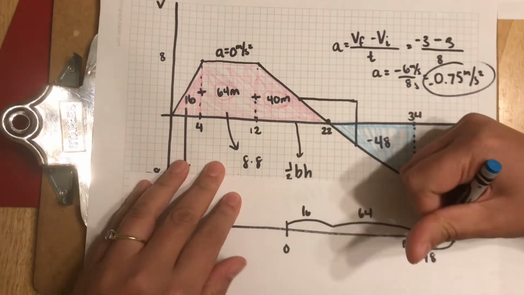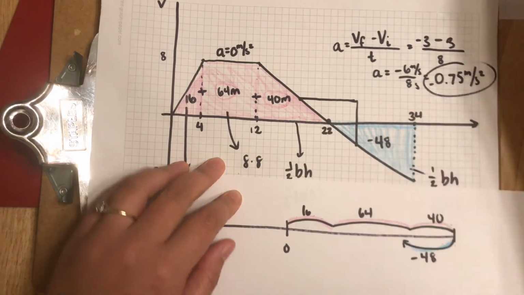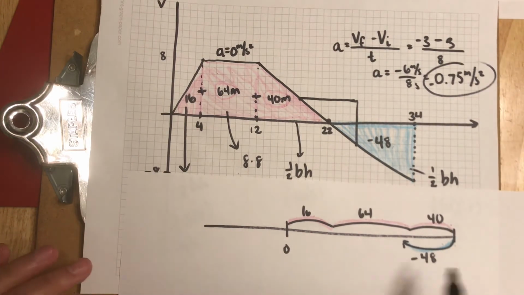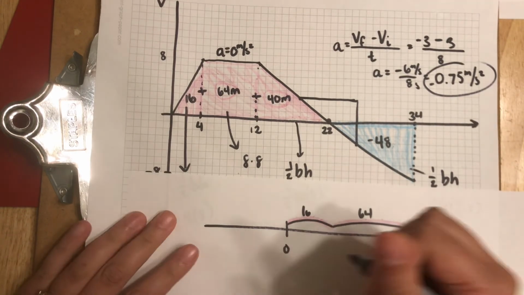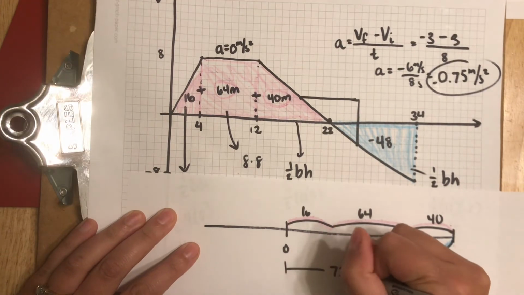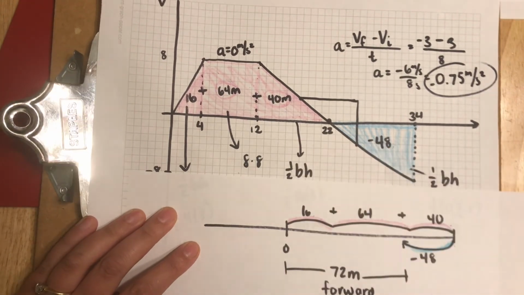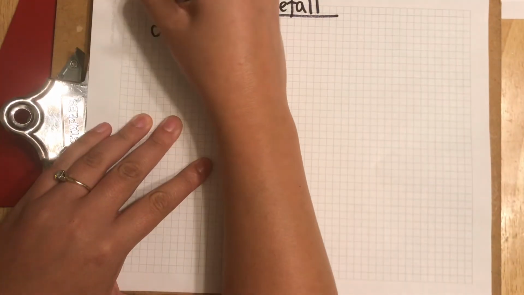And so where I end up is my change in position. I'm ending up 72 meters ahead of where I started. So I did 16 plus 64 plus 40 minus 48 to get a change in position of 72 meters forward.